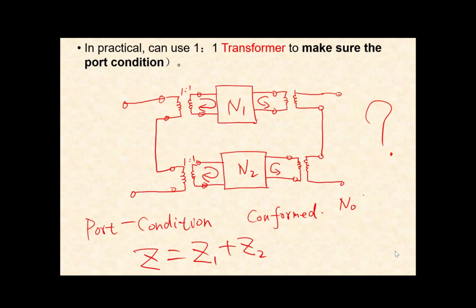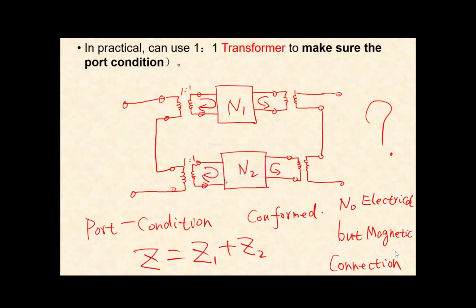The essence is no electrical connection, but magnetic connection. So this is the essence. In practice, we can use a transformer to make sure the AC circuit conforms to the port condition. So this is connection in practice.